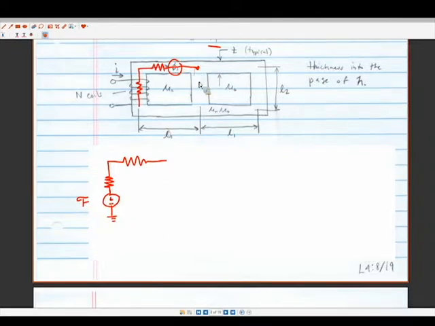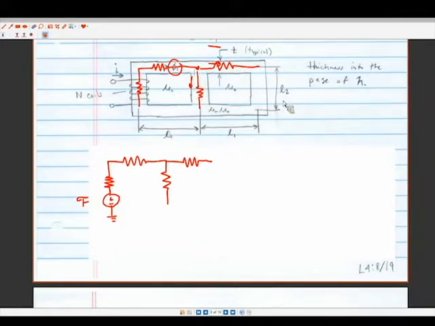So flux can go in this direction and flux can go in this direction. So we're going to draw reluctance here and here, so that would be here and here.